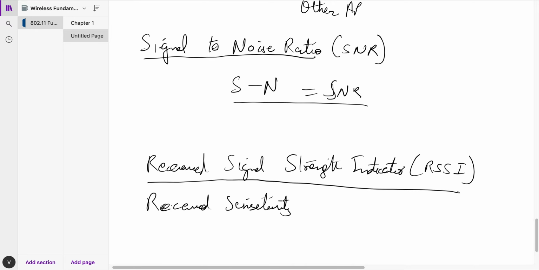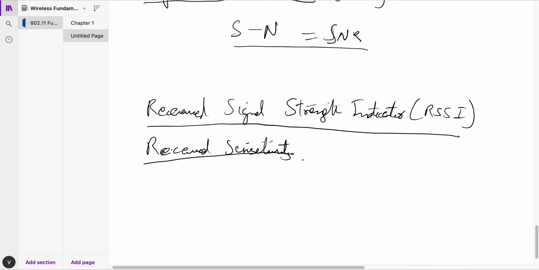So if you are transmitting a signal at X amount of power and my receive sensitivity is, let's say, Y, then I need to be able to receive at least Y so that I'm able to know what you really meant. That is my receive sensitivity. Okay. Signal strength is nothing but the strength of the signal that I receive as a receiver.